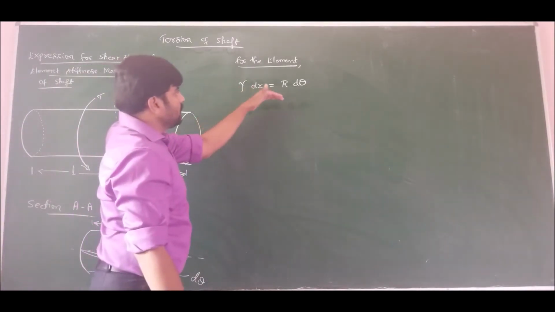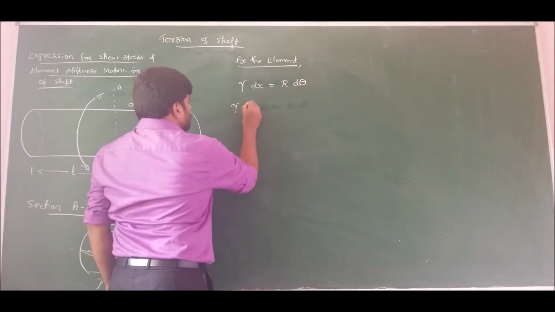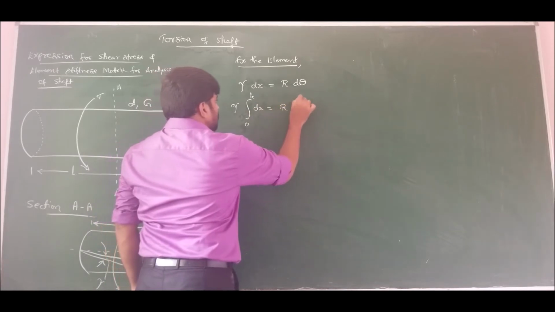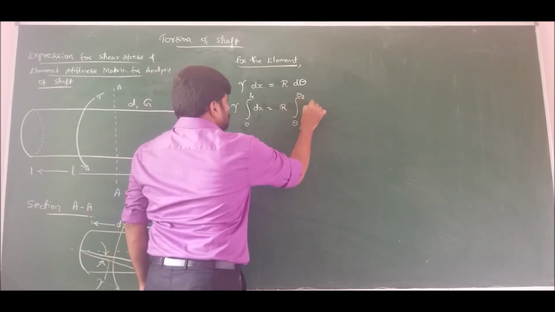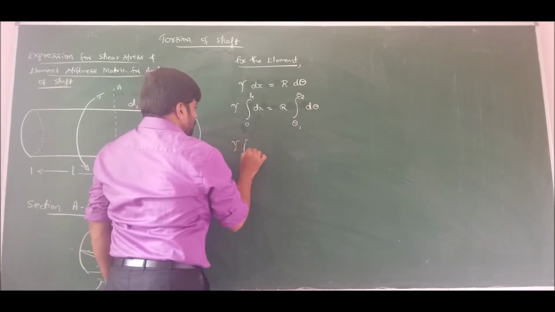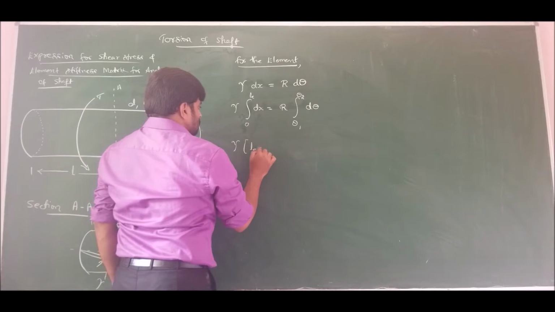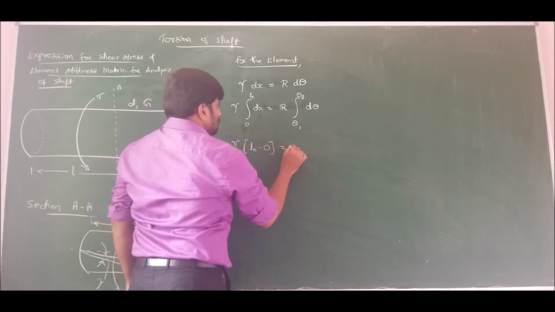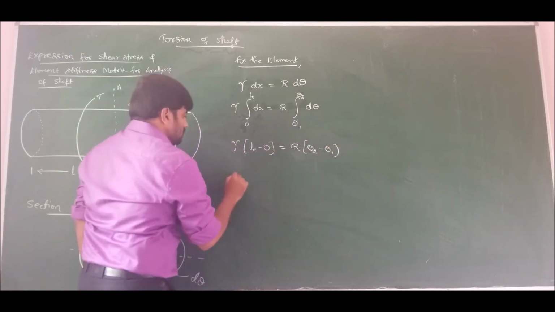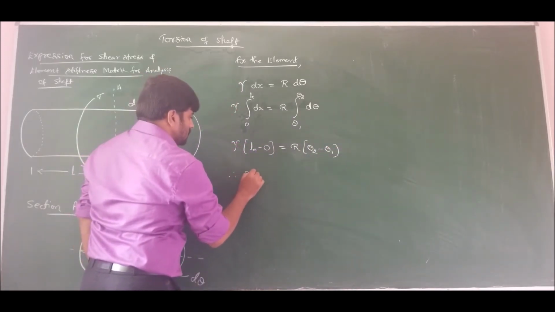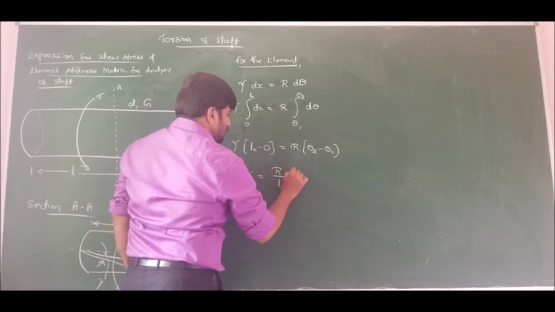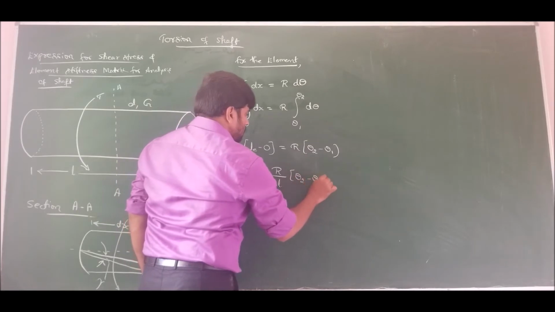So substituting the limits and integrating, I will get gamma into the integral of length from 0 to L equal to R into the integral of angle from theta 1 to theta 2. If I substitute and solve, I will get R times theta 2 minus theta 1. So therefore, the formula for shear strain is given by R by L into theta 2 minus theta 1.